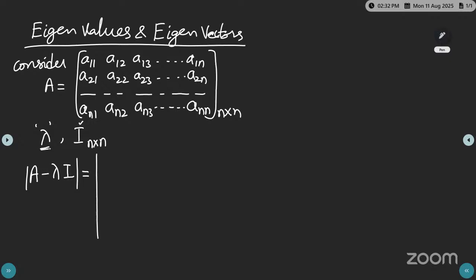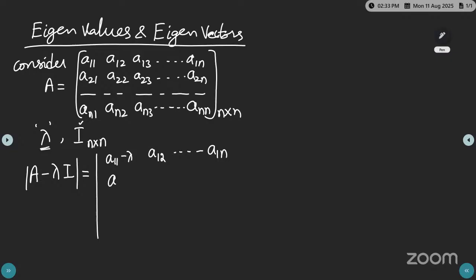Determinant of A minus lambda I equals, how can you write? A11 minus lambda I. If you want, you can write A11 minus lambda into 1. Next one, A12 and so on, A1n.